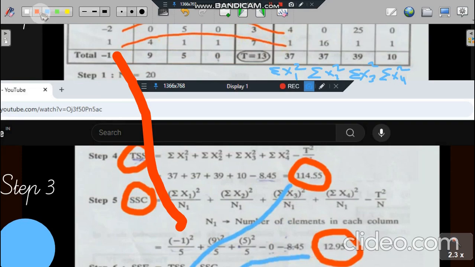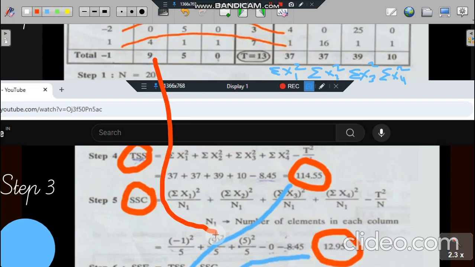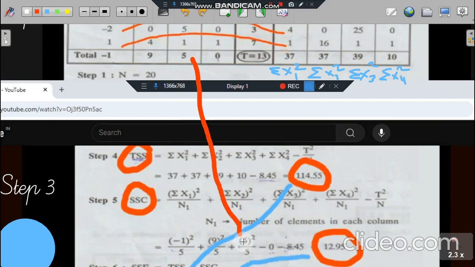Similarly, we have to do everything. So we have here 9, so 9 square divided by 5 elements, and then here 5 square divided by 5, and minus 0 is also there. We get that 0 is here, so 0 square by 5 is 0, minus T square by n.